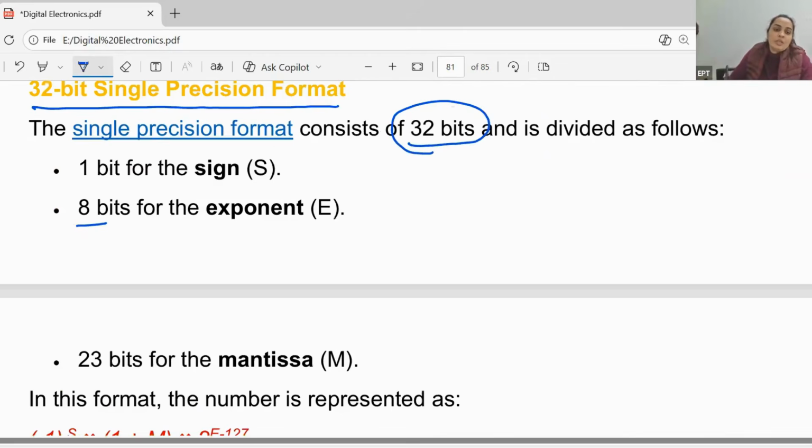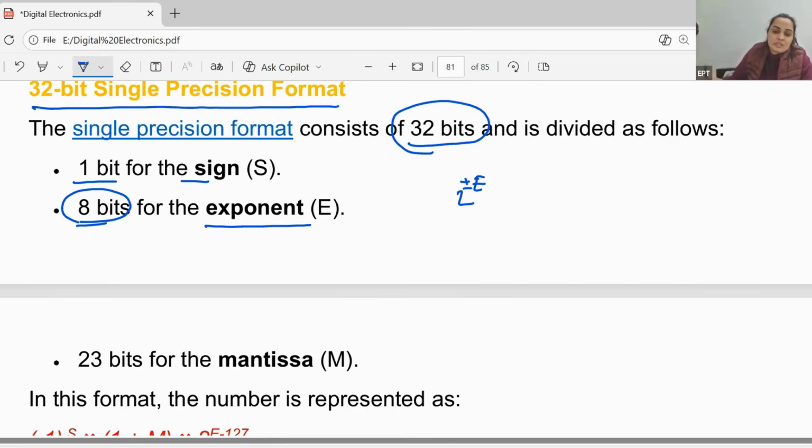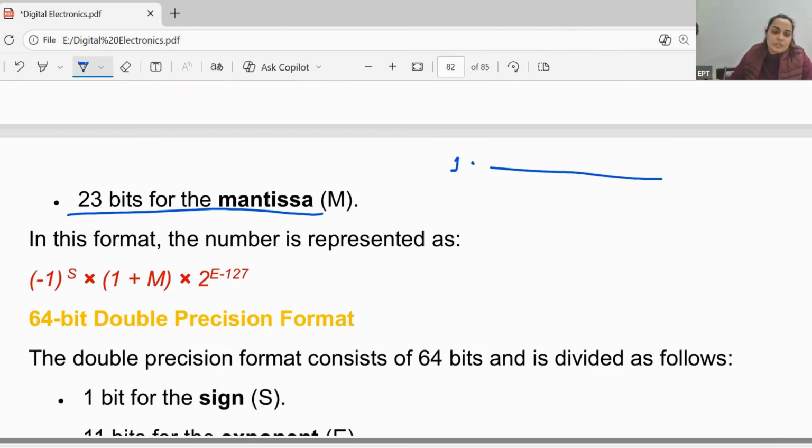In the 32-bit format, we use 1 bit for the sign, 8 bits for the exponent, where the exponent can be plus or minus, and 23 bits for the fractional part, from 1 dot onwards.